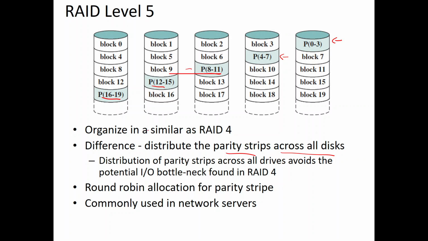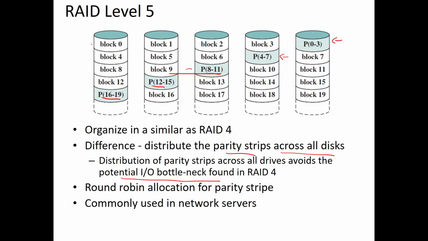So apa yang berlaku adalah bila kita distribute parity strip across all drives, it avoids the potential of I/O bottleneck yang berlaku dekat dalam RAID 4. Okay, so the allocation for parity stripe ni kita gunakan round robin.